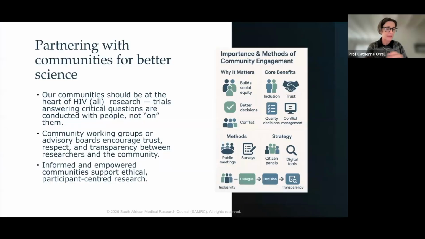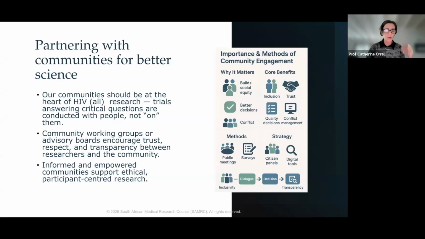As both Beth and Thangi have said, our community should be at the heart of all our research. Our trials need to answer critical questions that are relevant to the community involved, and research should be conducted with the community moving together with us rather than on people in the community.